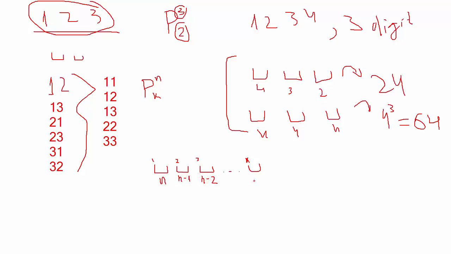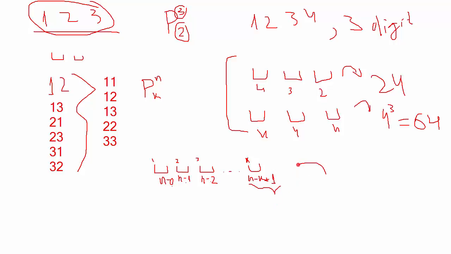And now a trick question. What's that last thing? N minus k plus 1, right? Because here we start with n minus 0. This is 0, 1, 2, and this is the kth element.